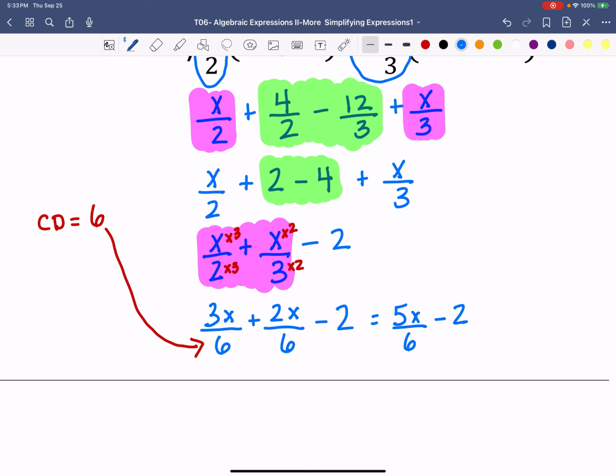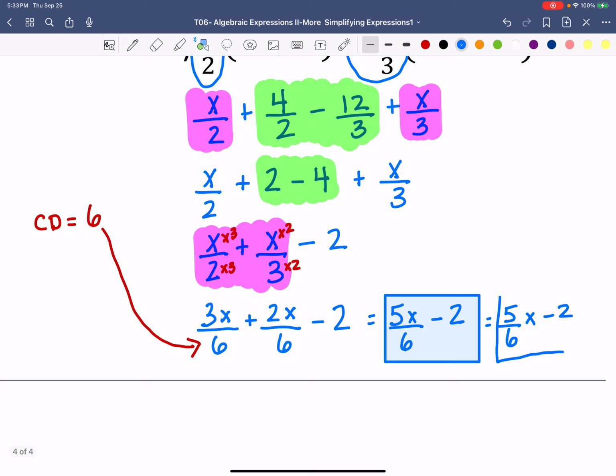Now you can stop here, and this would be absolutely correct. Some people might prefer to write this as 5 over 6 times x minus 2. It's absolutely the same and represents the same value. It's just written a little bit differently to separate essentially that coefficient from the x.